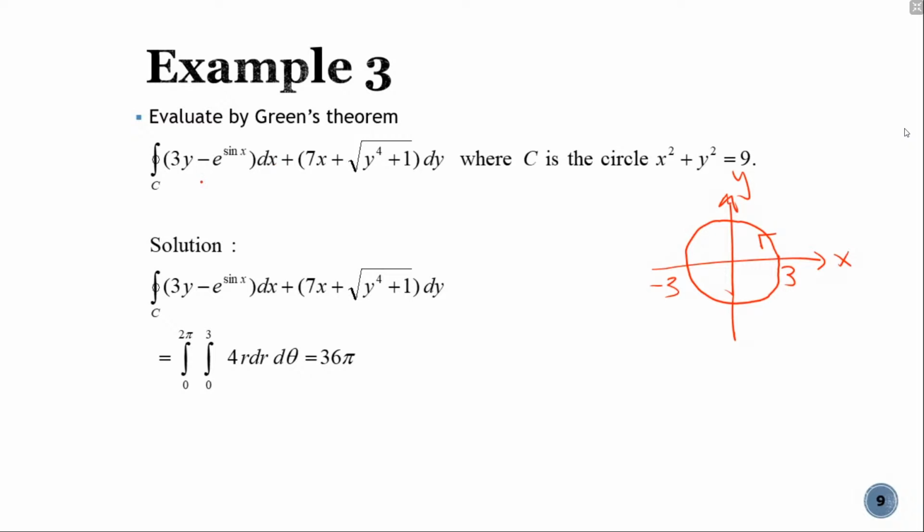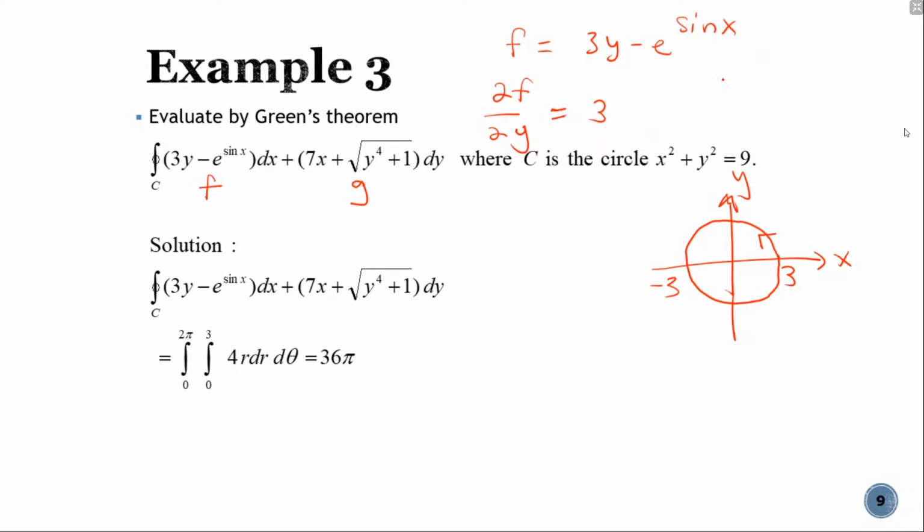With the dx, this is the f, with the dy, this is the g. So for f, you need to differentiate it with respect to y. So 3y, you get just the number 3.